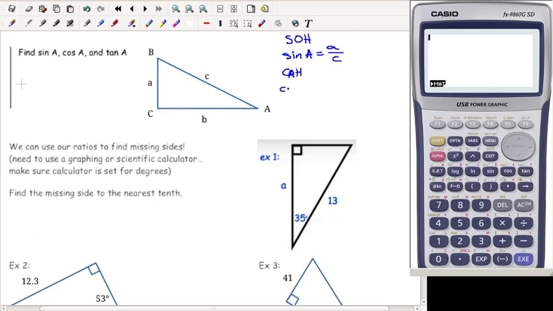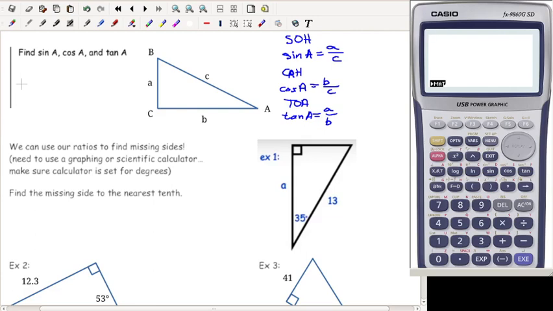So cosine of A is equal to the adjacent side. So from A, the adjacent side is b over hypotenuse c. And TOA, to give us tan, is going to be tan of angle A equals opposite side, so from A still, little a over adjacent side, little b. Okay, so SOHCAHTOA helps us to write out the trig ratios for any given triangle.